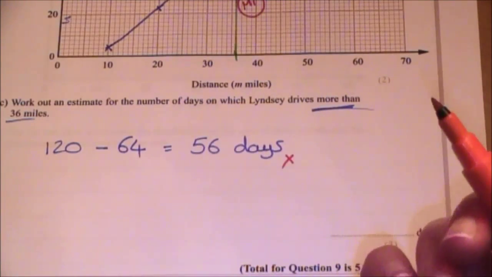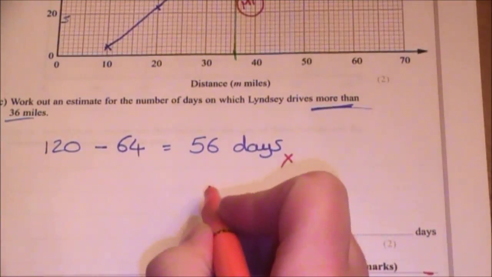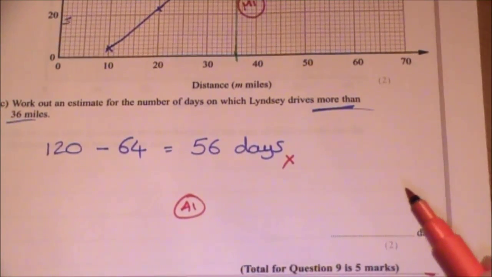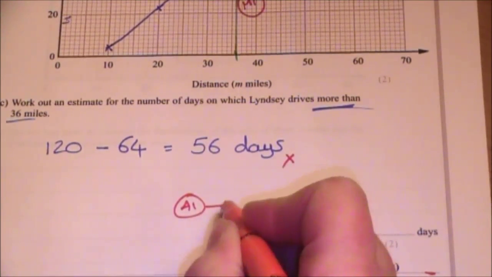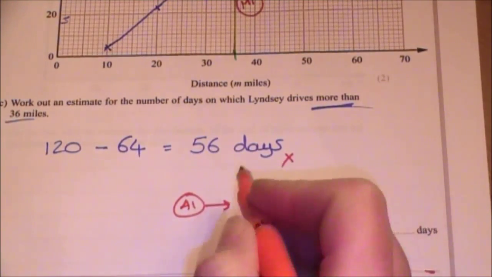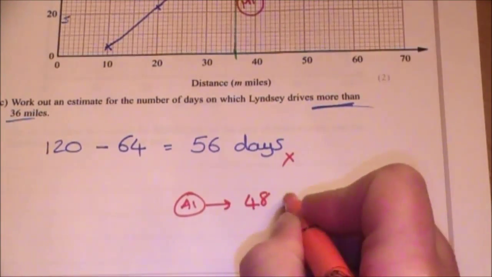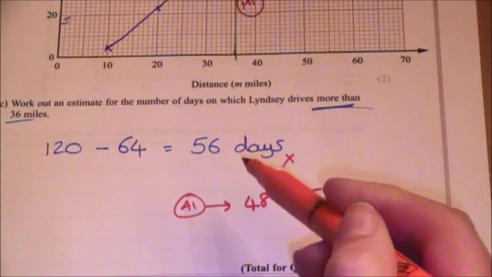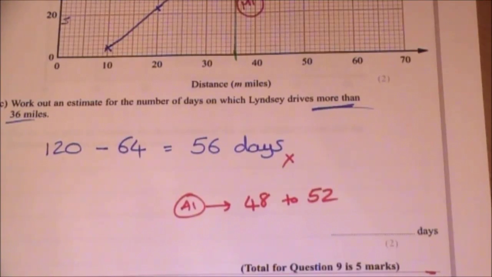I've done everything correct, but when I looked at the mark scheme, in order to get the accuracy mark, the 2nd mark, I needed my answer to be in the range of 48 to 52. So mine doesn't get a mark because I said 56 days.